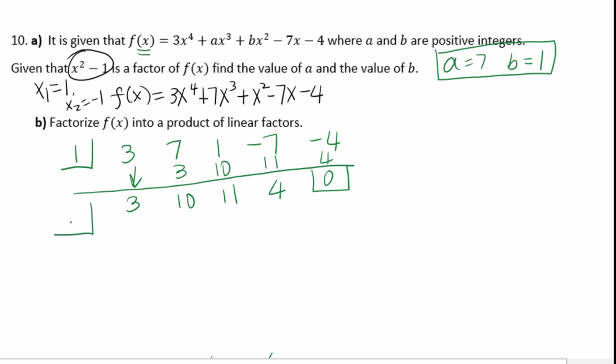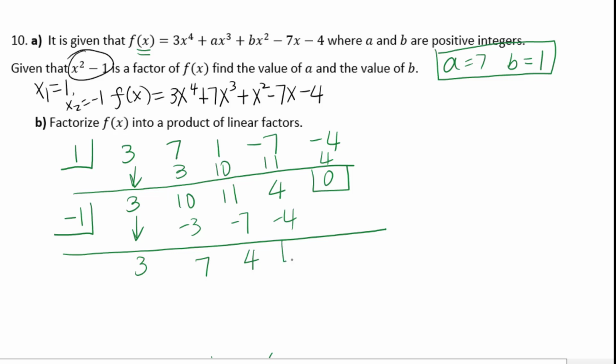Keep doing the synthetic division by using -1 as a root. Drop down 3. 3 times -1, -3, adding 7 gives 4. 4 times -1, -4. We get 0. We know this started as x to the fourth power, so now it is x to the third power: 3x squared plus 7x plus 4.